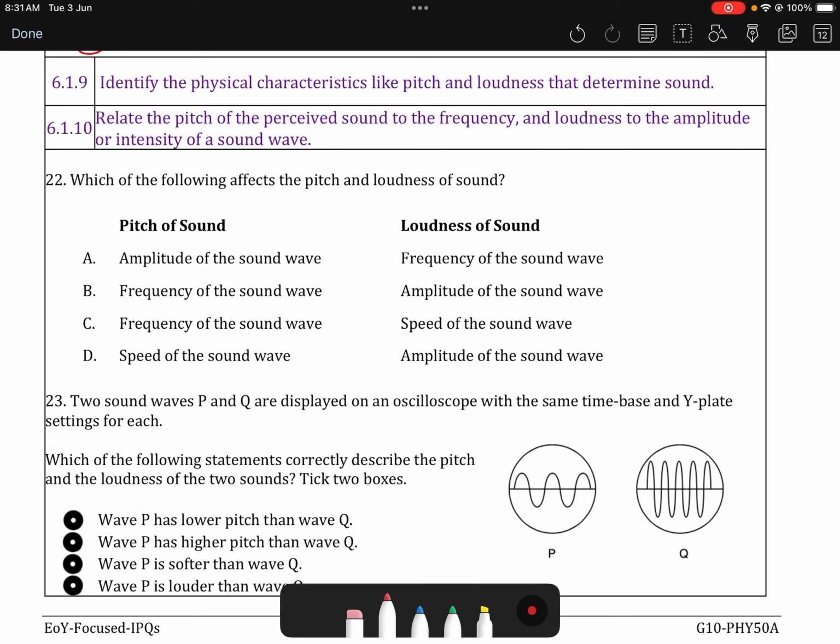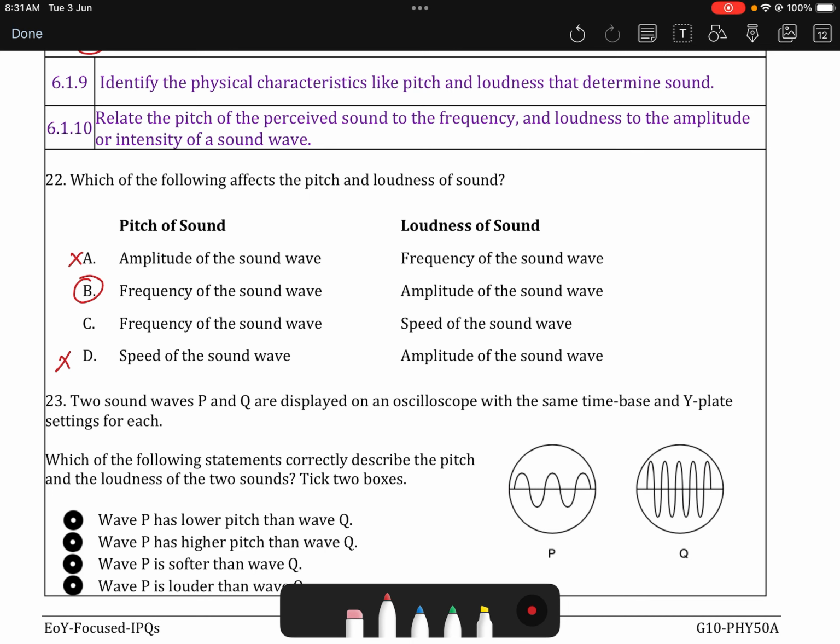So the pitch is related to the frequency, not the amplitude, not the speed. The loudness of the sound depends on the amplitude. Higher amplitude means a louder sound. So the answer is B.